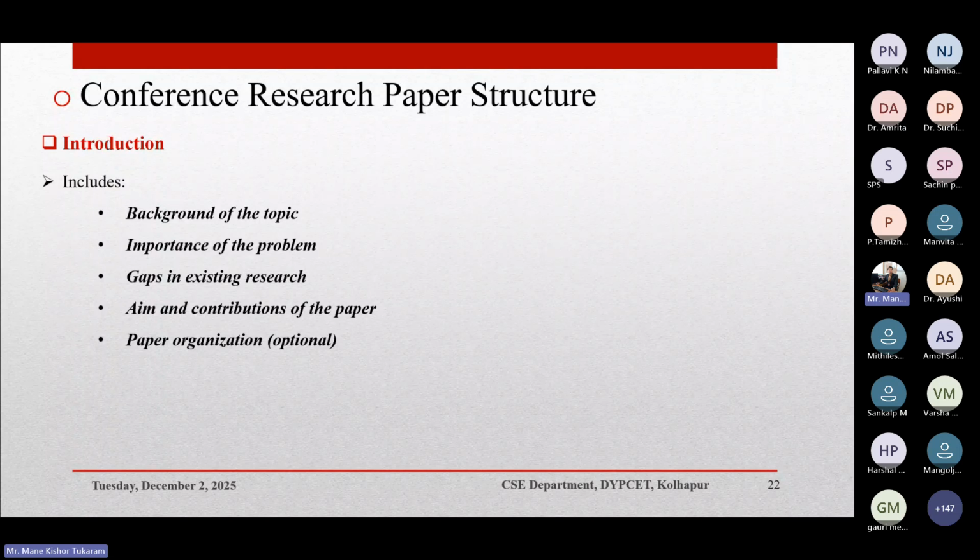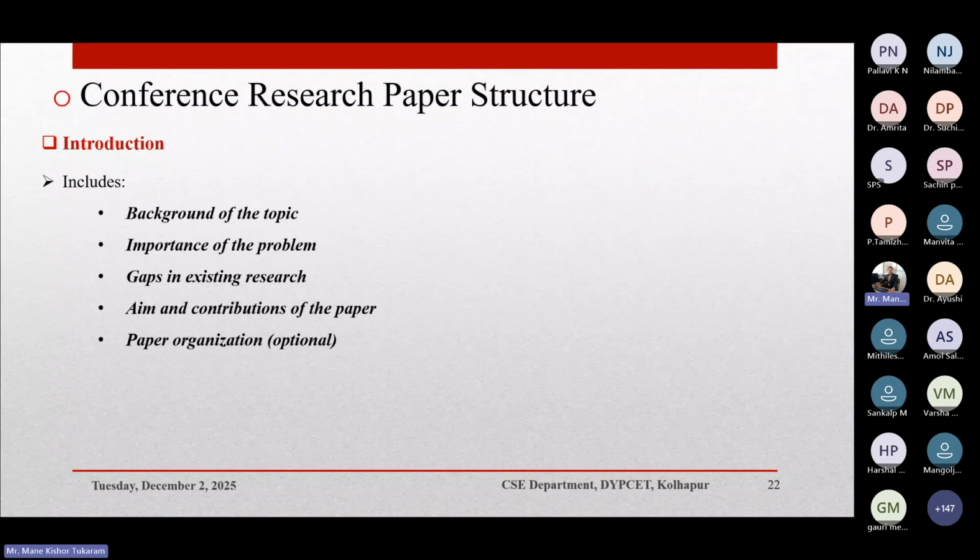Paper organization means we need to write the details related to the next sections. Suppose the first section is the introduction, the second section is the literature review, and the third section is the methodology. So we write that section two includes the detailed analysis of the different mechanisms available for this particular topic.